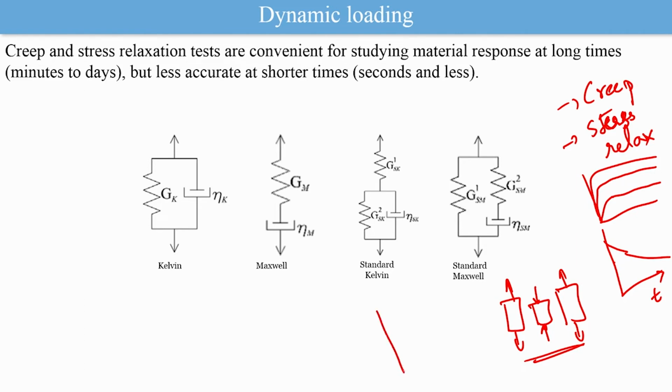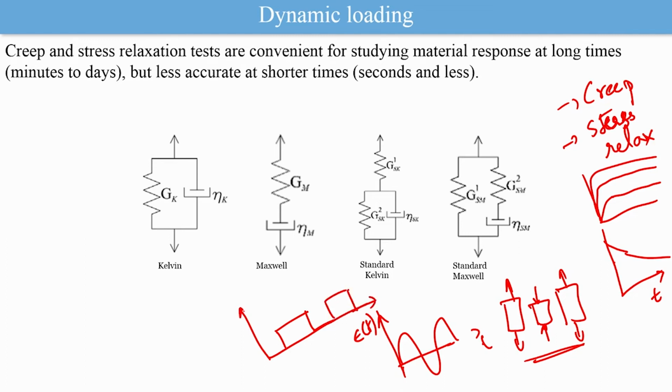Maybe you can apply a sinusoidal strain as a function of time, or you can just give a step kind of strain. All these things we can try out, and these methods can also give us similar information as we can get through creep as well as stress relaxation tests.